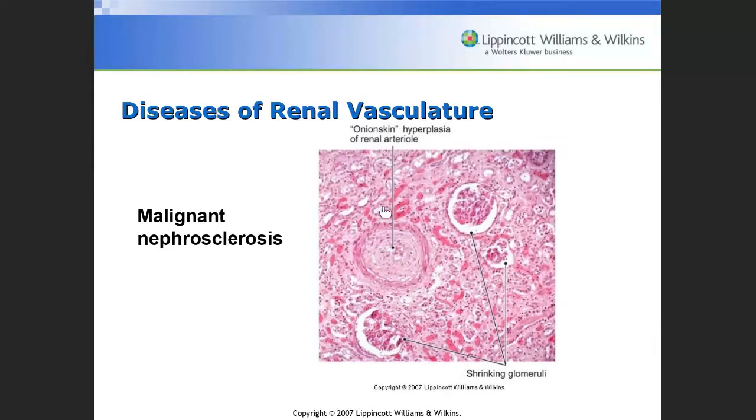That's very characteristic in the arterioles, like the afferent arteriole in the kidney. All right, so that's all I'm going to talk about the renal vasculature and secondary glomerular disease due to diabetes, which you now think of as the third cause of nephrotic syndrome.